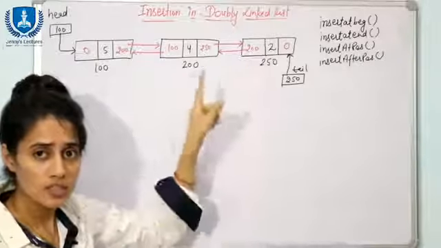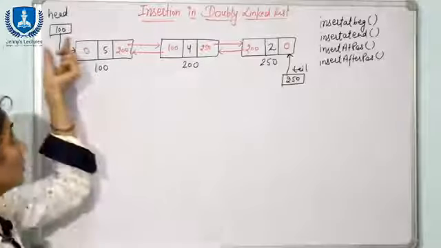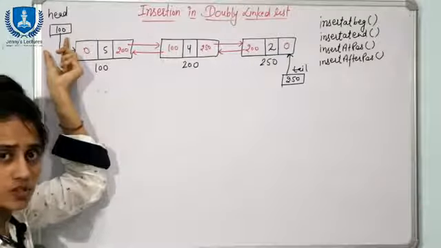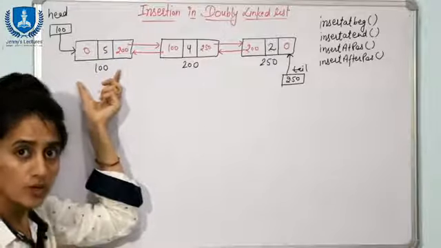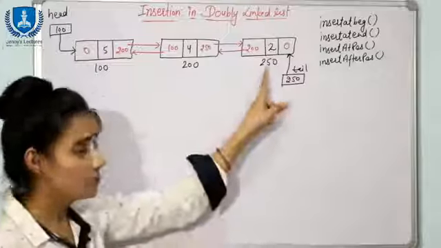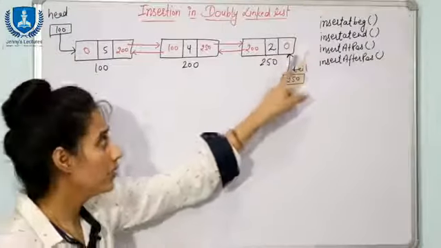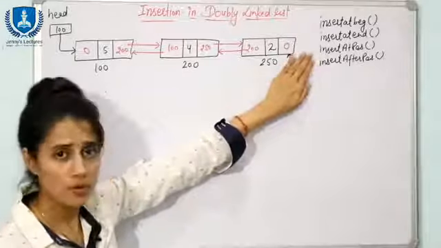Because only sequential access is possible. What do we have? We have just this head pointer. We just have the address of the first node, right? That is why you have to traverse the list till the end. After reaching the end, now you can insert here, if the tail pointer is not there.